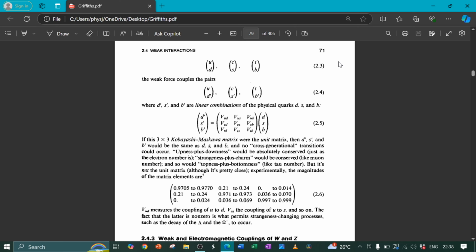V_ud measures the coupling of u to d, V_us the coupling of u to s, and so on. The fact that the latter is non-zero is what permits strangeness-changing processes such as the decay of the lambda and the omega minus to occur.